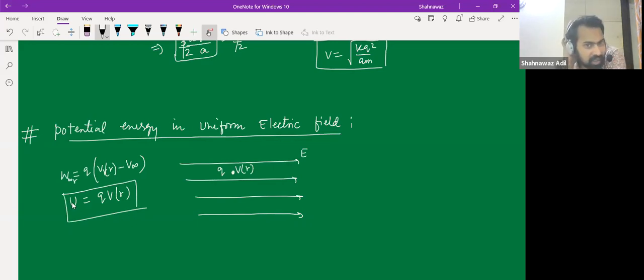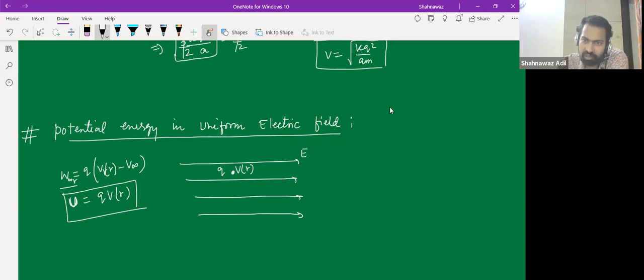Whenever we have a charge present in some electric field, this would be the potential energy of that single charge. Is this clear to you, sir? Work done on this charge is stored as potential energy. So we are bringing this charge from infinity to this point, and that work would be equal to the potential energy.